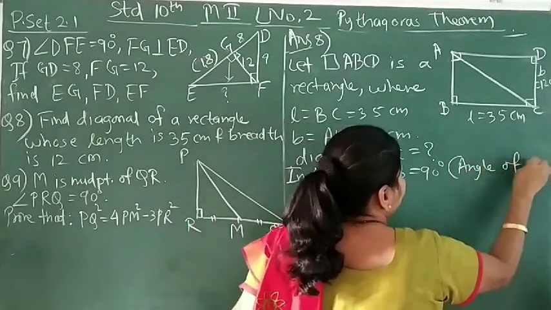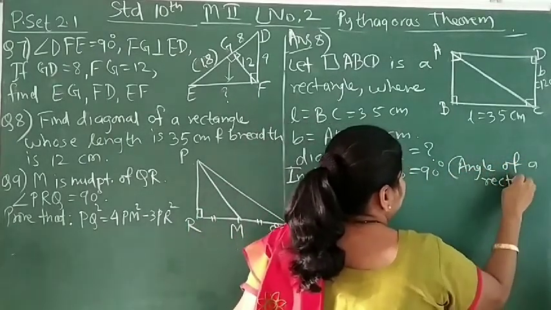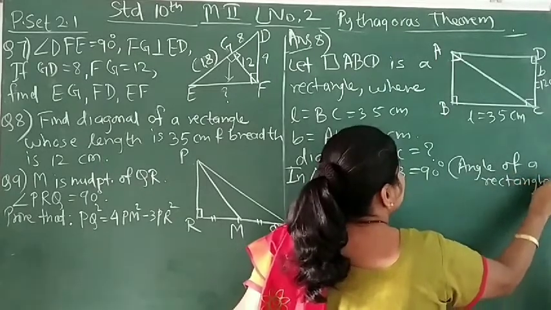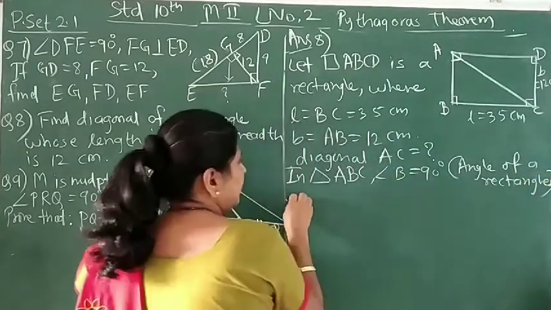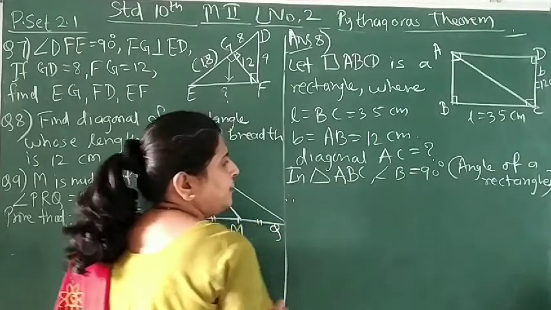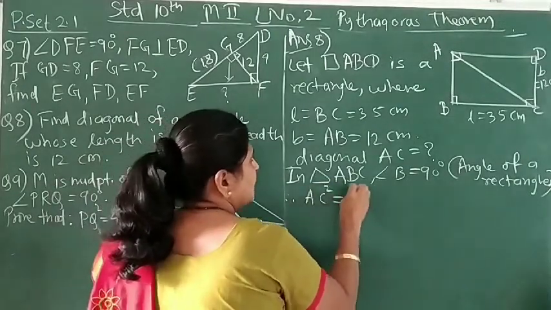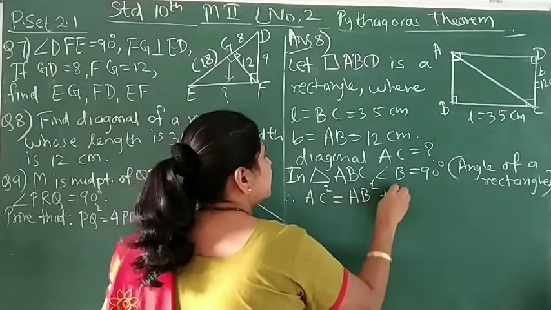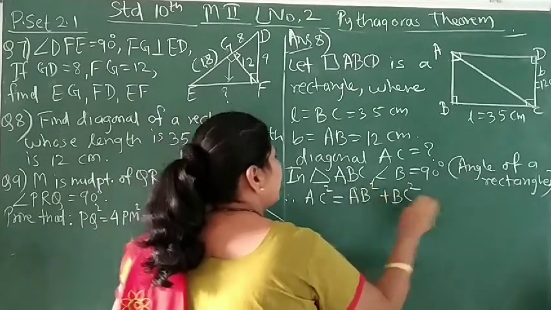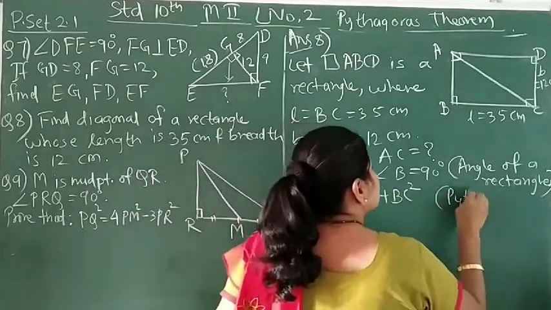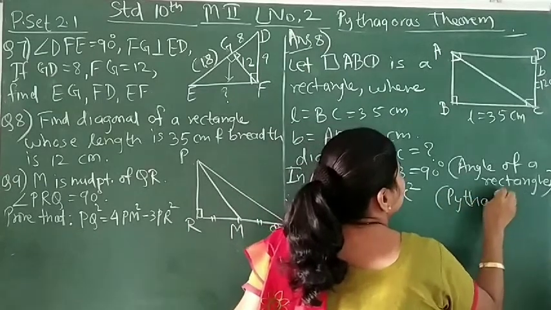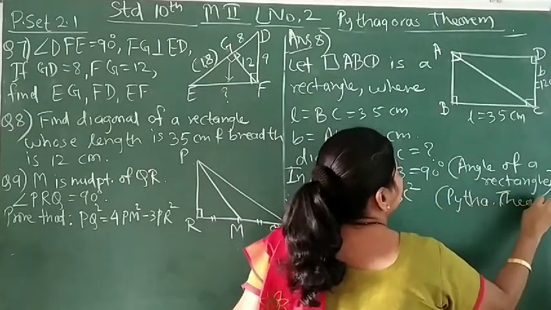We can write this reason in the bracket. Therefore triangle ABC is a right angle triangle, and so AC square is equal to AB square plus BC square. Here we have used the Pythagoras theorem.